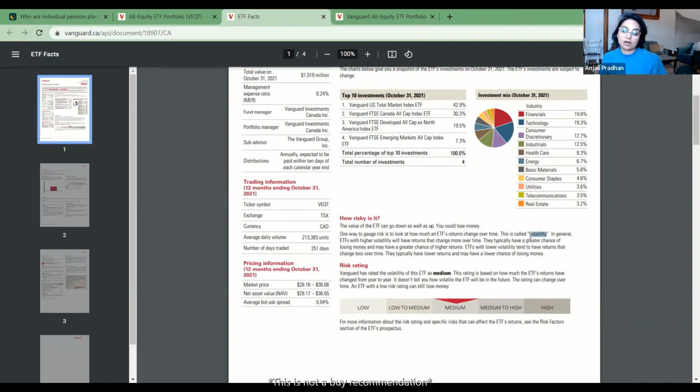Taking less risk now means, and I'm not talking about people who are close to retirement, but if you have like 15, 20, 25 years left to retirement, the more calculated risk you take in your portfolio now, the more it's going to increase your chances of hitting your retirement goals. Okay.